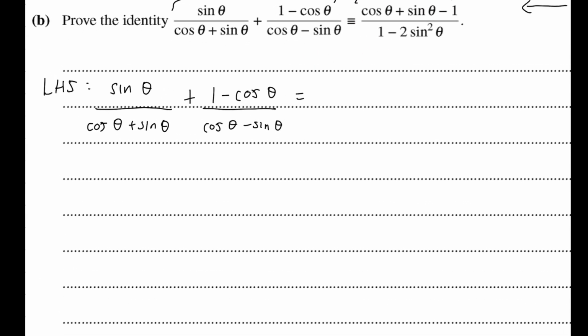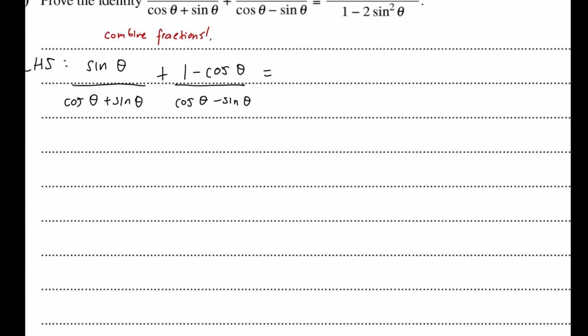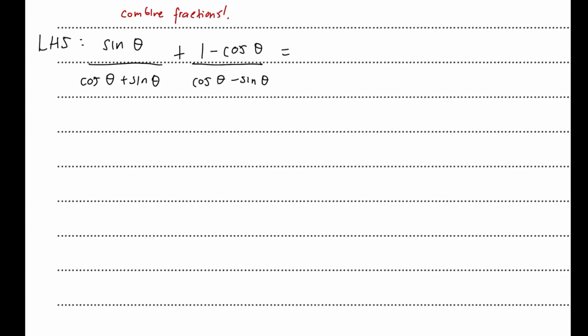The first trick is combine the fractions. If you have two separate fractions, you have to combine the fractions. This is one of the tricks. Because we have separated fractions here, we can make the denominator equal. So we can change it into cos theta plus sin theta multiplied by cos theta minus sin theta.